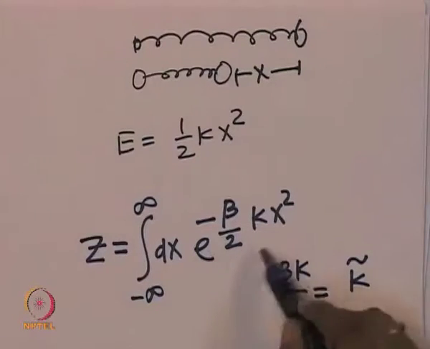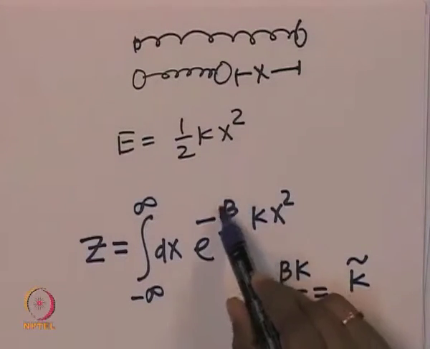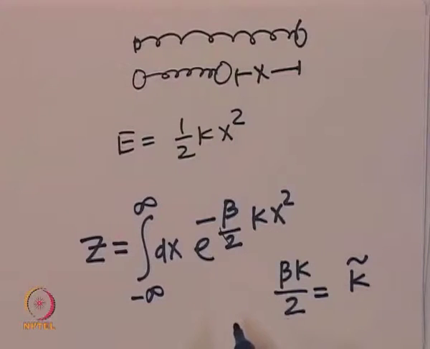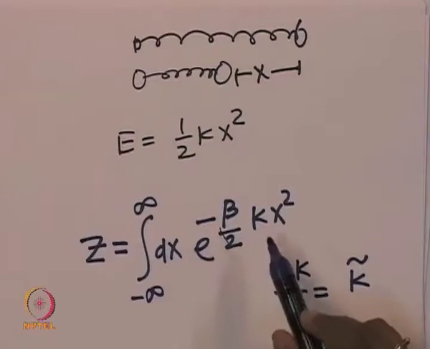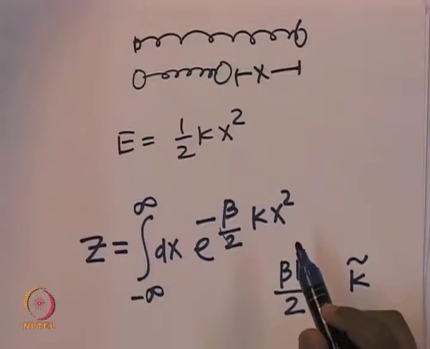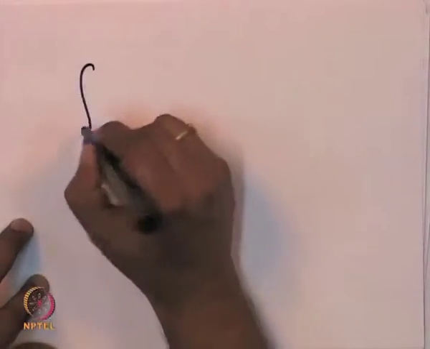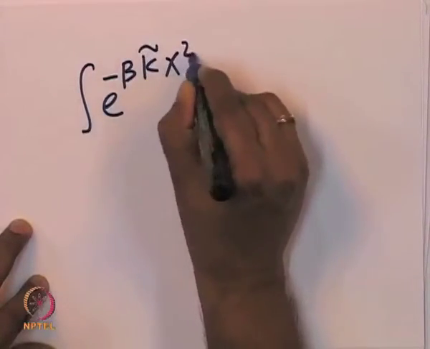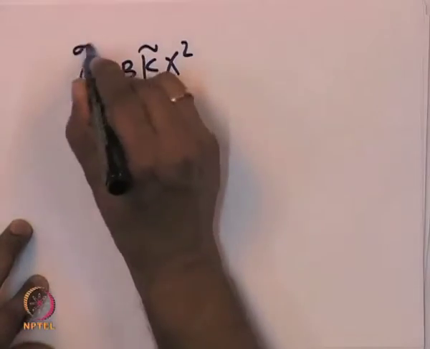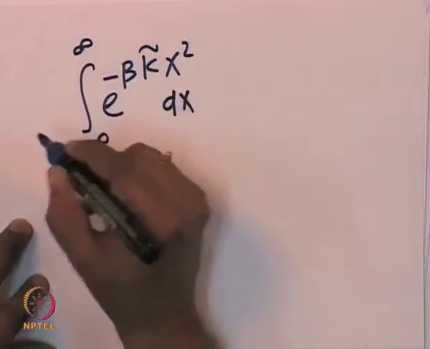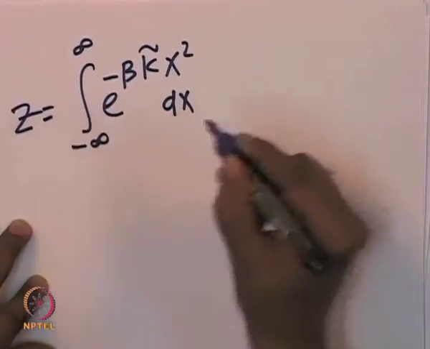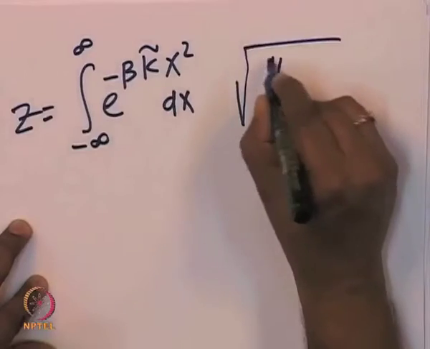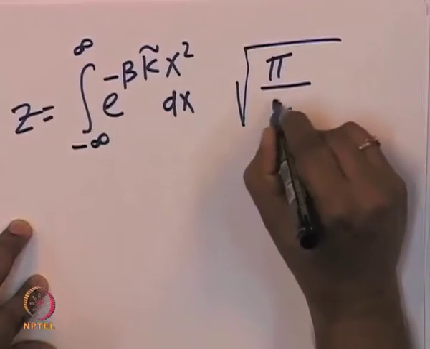This is like a Gaussian function, e power minus some constant into x square. The integral of a Gaussian function we know: integral e power minus k tilde x square, from minus infinity to infinity, dx, and this answer is root of pi by k tilde.